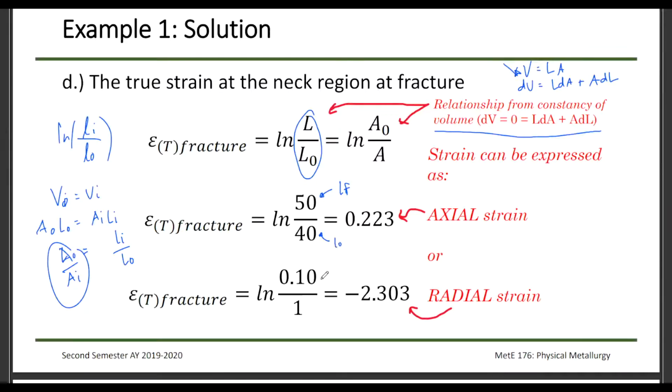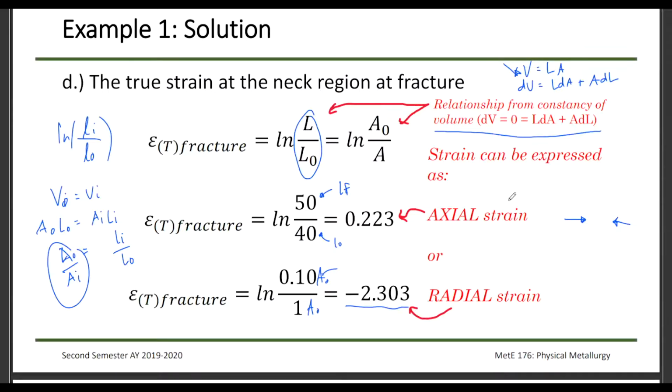Then here we have A naught, so it's the reduction in area. We can also express it as a radial strain, and if you do the math, you get negative 2.303. It's negative because the strain makes the area smaller than the original area, so the strain goes inward.